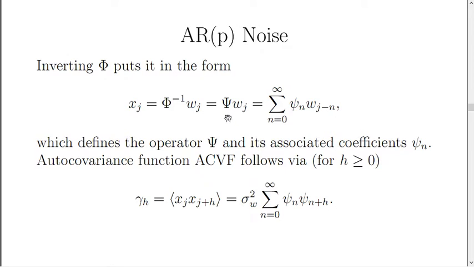I'll call that inverse operator psi, the uppercase Greek letter psi, and it will correspond to a bunch of coefficients psi sub n, which are the coefficients of the powers of the lag operator in its operator expansion. And that means that the data values are this infinite sum of psi coefficients times white noise values. By the way, in all cases, the 0 component, psi sub 0, will be equal to 1.